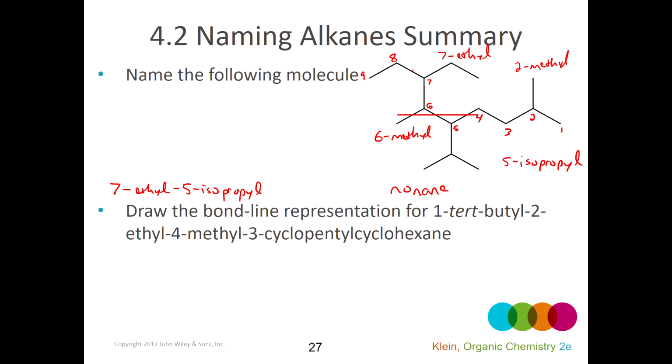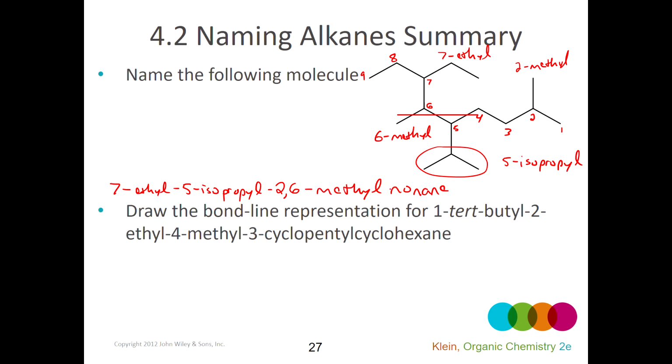So I've got ethyl on 7, isopropyl on carbon 5 here. And I've got a methyl on 2 and a methyl on 6. So I need 2 numbers. I need the 2, comma 6. This tells me that whatever name I'm going to put here, there's one of those on carbon 2 and one of those on carbon 6, and that is a methyl.